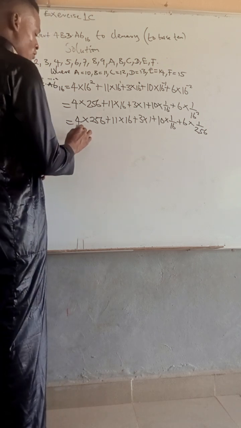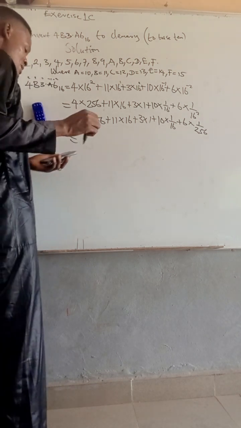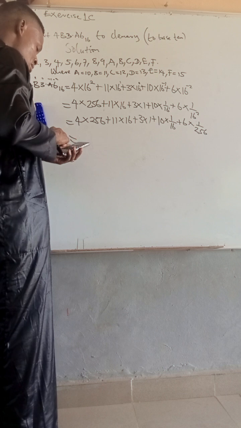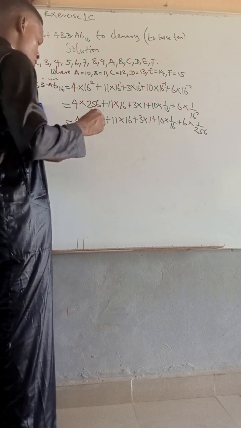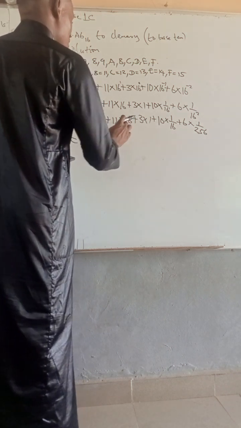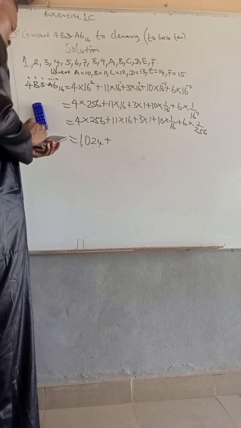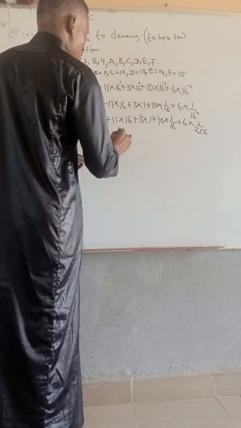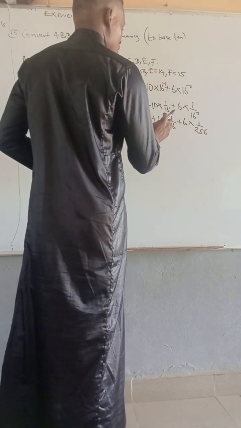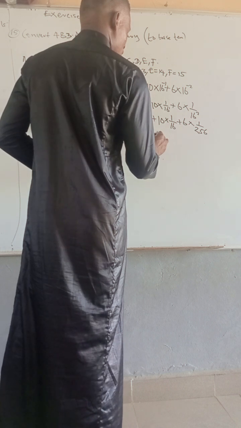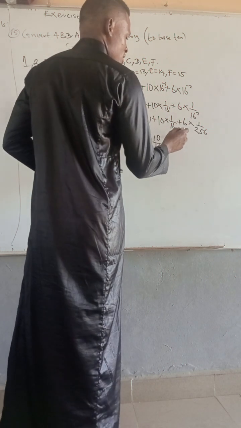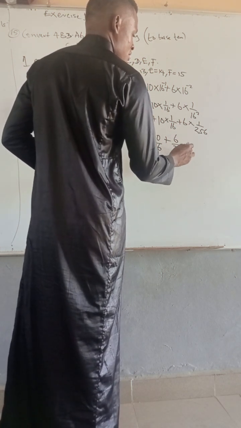So the next step now will be 4 times 256, which will give us 1024, plus 11 times 16, which will give us 176, plus 3 times 1, which will give us 3, plus 10 times 1, which will give us 10 all over 16, plus 6 times 1, which will give us 6 all over 256.